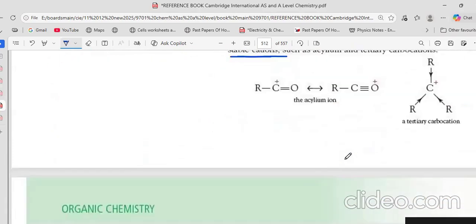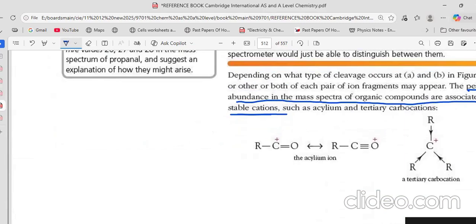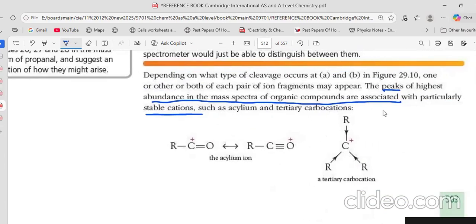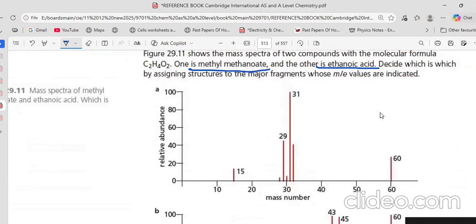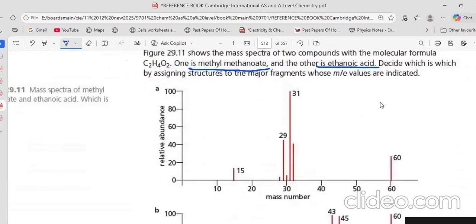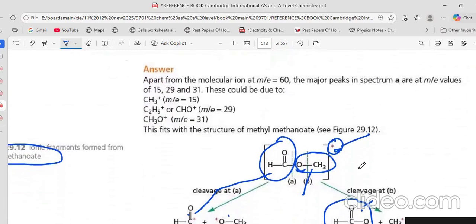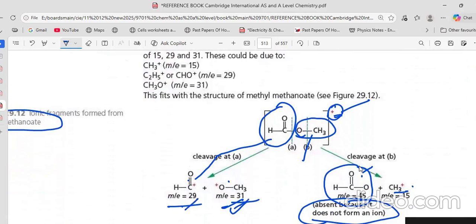So you can make out the structure, and the most stable fragment will be the most abundant, the base peak, with the highest abundance. You can also find the structure by comparing the mass spectra of methanol and ethanol. If you have peaks here at 31 and 29, again he's showing you only the ion here, not the free radical, but here he's showing you the free radical and the ion.